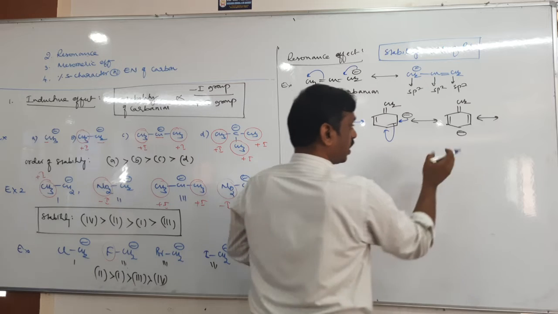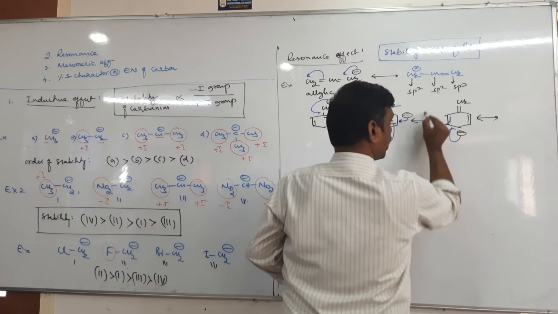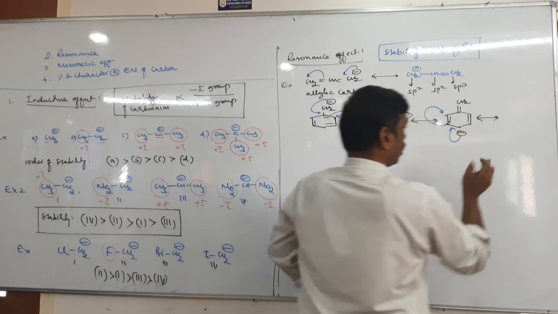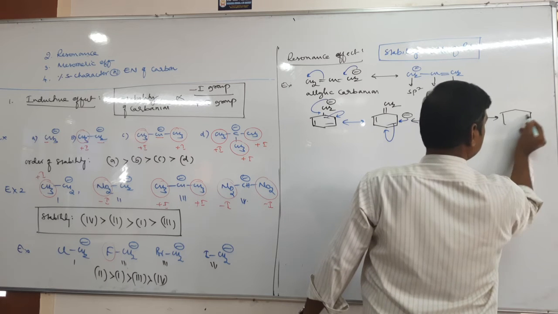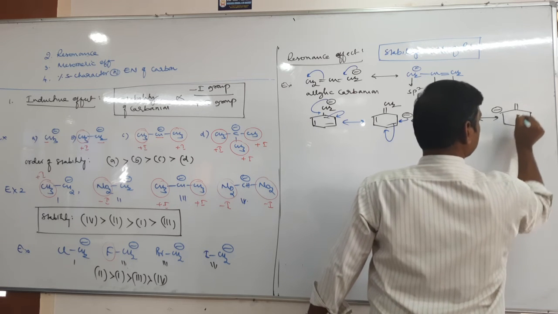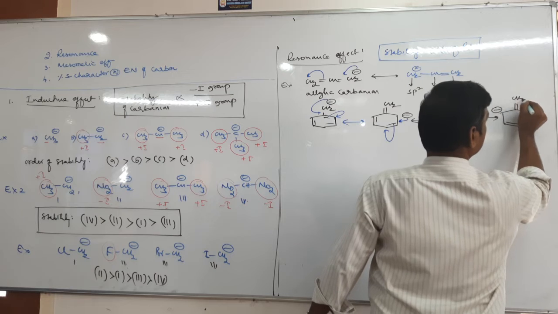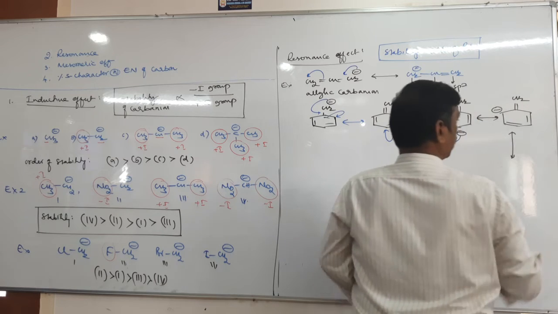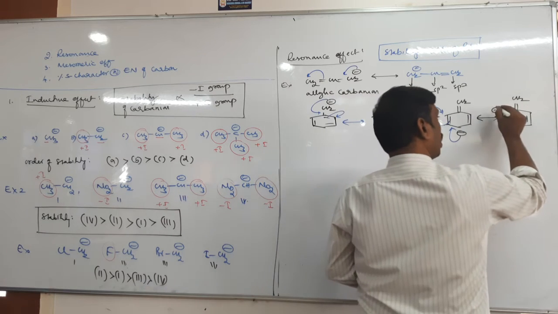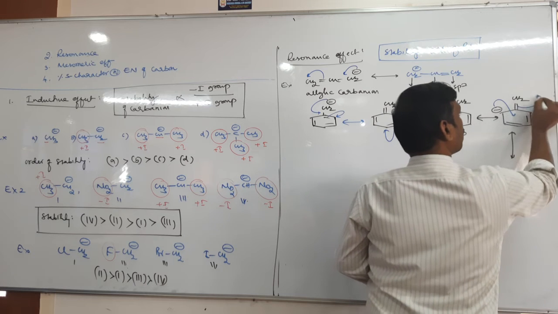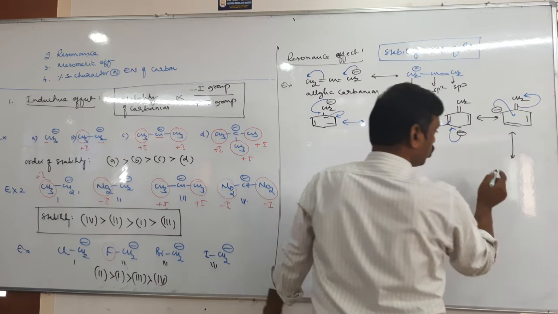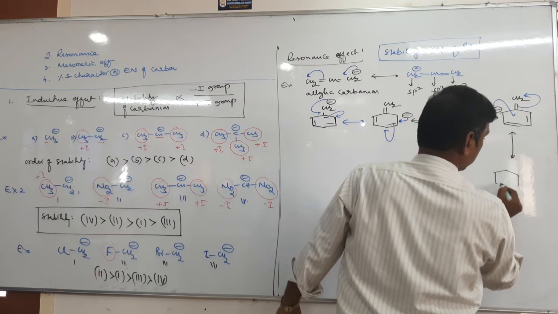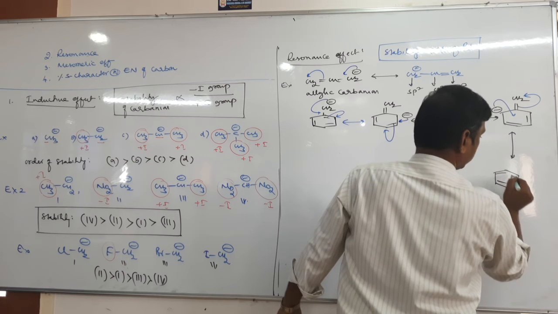Next, this negative charge forms the bond here, this pi bond shifted to the ortho position, then negative charge appears on ortho position. Next, this negative charge on ortho position shifts the bond, then negative charge is shifted on CH2.